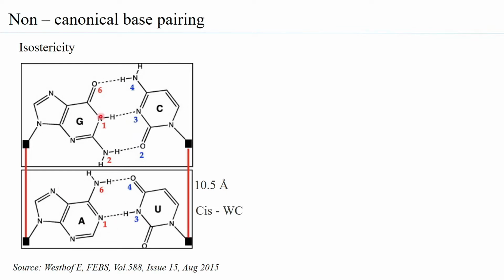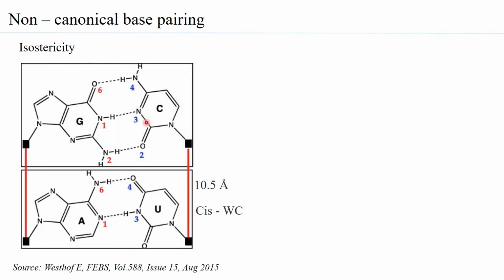So this is a phenomenon that has been associated with the double helix, okay, where you have the sugar arrangements in such a way that they are 10.5 angstroms away from each other and in the cis conformation, then that is what is understood to be isosteric.